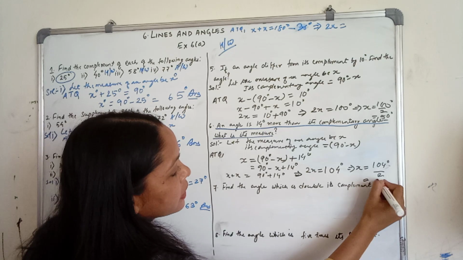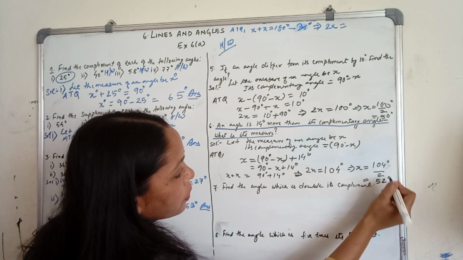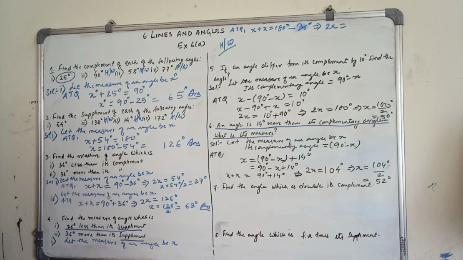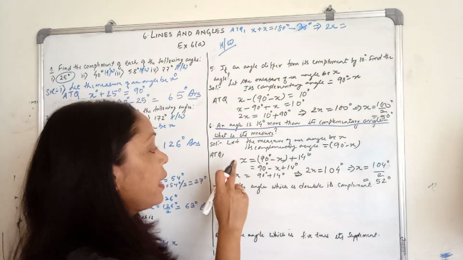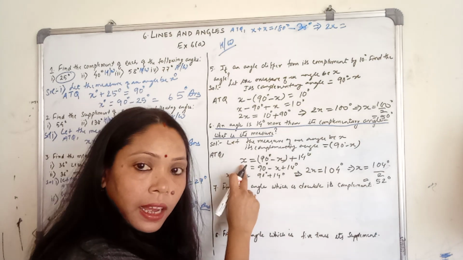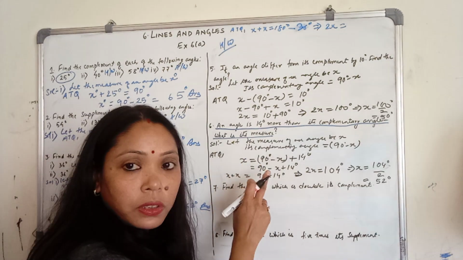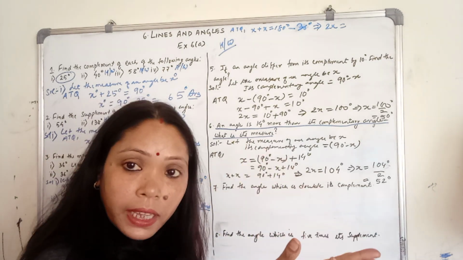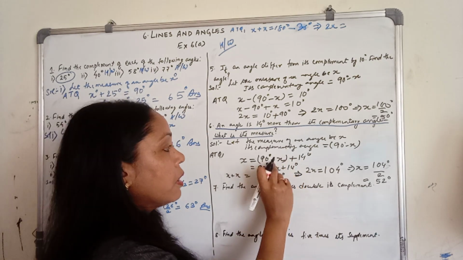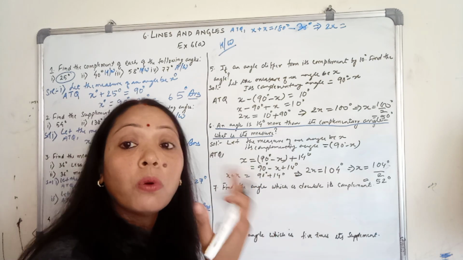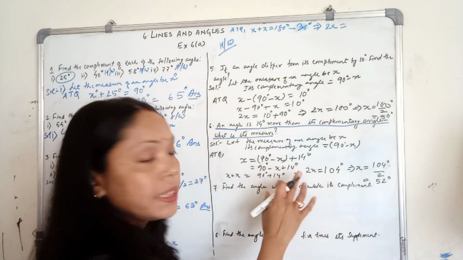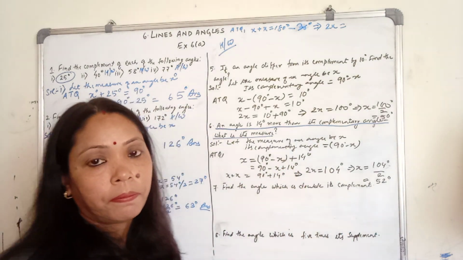So 2 5s are 10, 2 2s are 4. So 52 degrees is the answer. Is it clear? x is the unknown angle, which is 14 degrees more than its complement. So the complement of this angle will be 90 degrees minus x. More means plus 14 degrees.